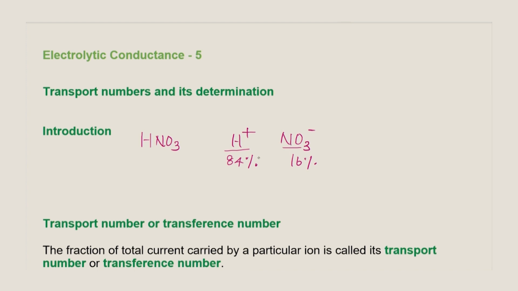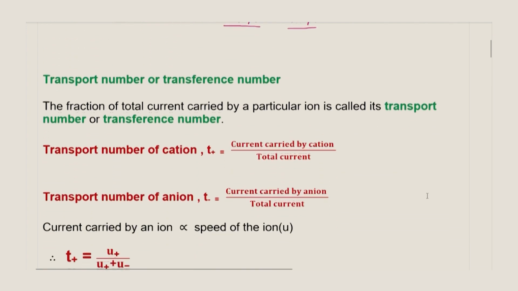Since H plus ions are small and due to special conductance like Grotthus conduction, H plus ion carries most of the current in an electrolyte, that is 84% of the total current, while nitrate ion being large in size carries only 16% as it moves slowly. Now, let us go in detail with transport number and its determination.